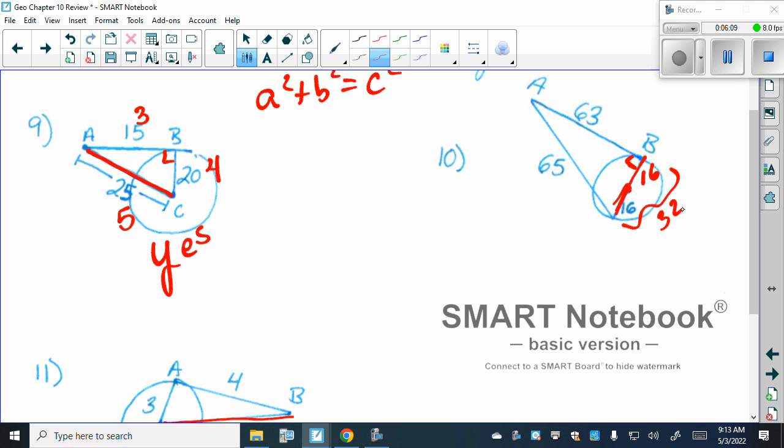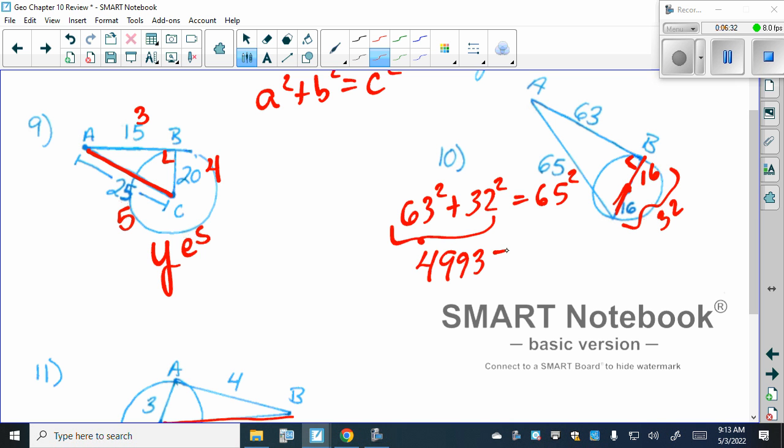No, because here we would do 63 squared plus 32 squared and see if it equaled 65 squared. Now, you could do it one at a time, and when I say one at a time, figure out what 32 squared is, and then figure out what 63 squared is and add those two together. But again, you're plugging both of those in the calculator.